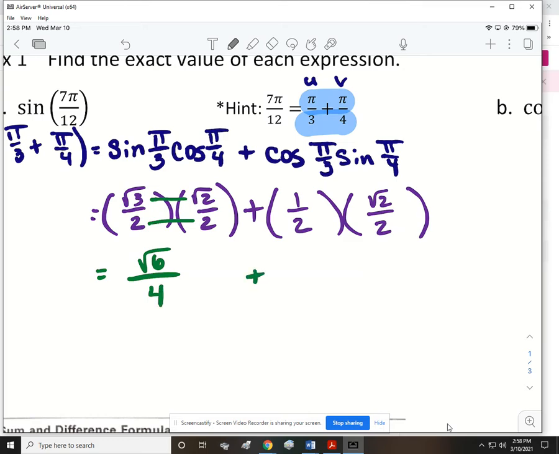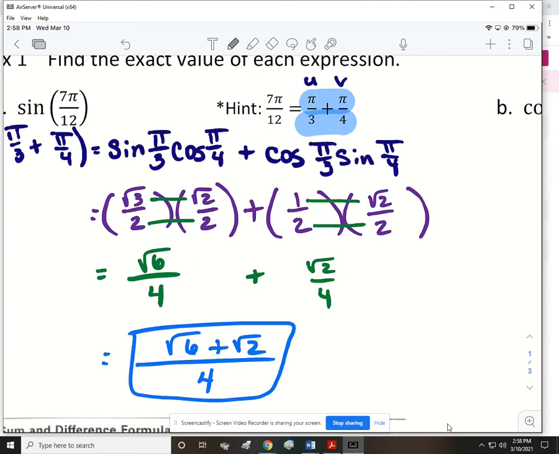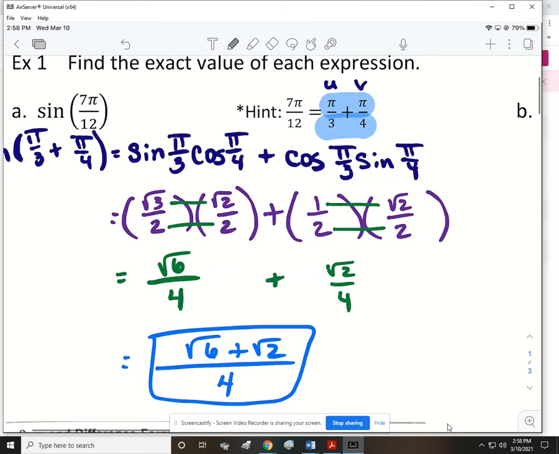All right, then we have plus. And same thing over here, multiply across the numerator and across the denominator. Right, and then I would want you guys to write that as one answer. If there is a common denominator, you just put it in the denominator, and the numerator is the square root of 6 plus the square root of 2. That is what the sine of 7 pi over 12 equals exactly.